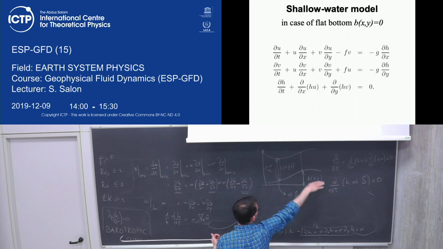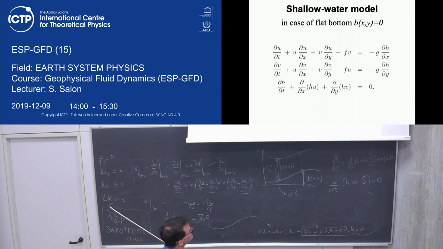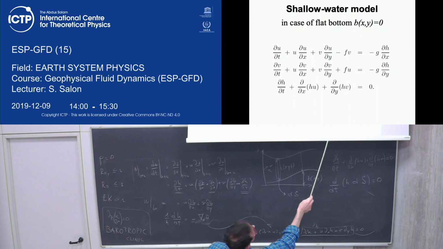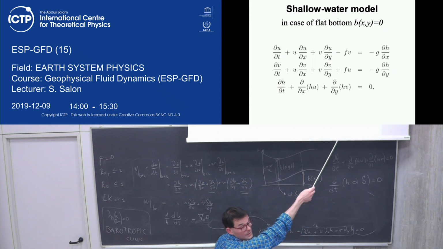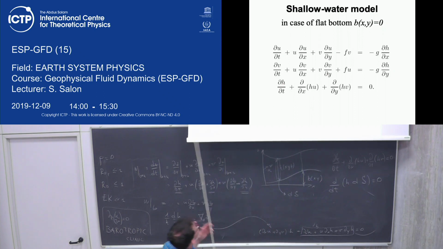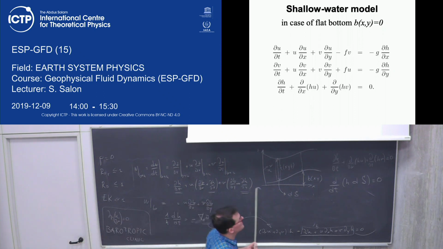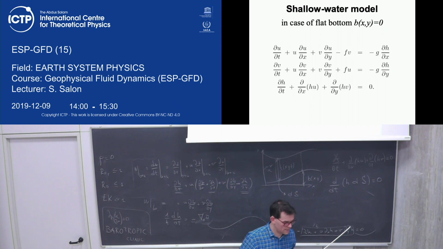Okay, so there is no topography, but the bottom is flat. Otherwise, you should change here and put H plus B. Okay, and it's very useful to study some specific cases in ocean and in atmosphere.